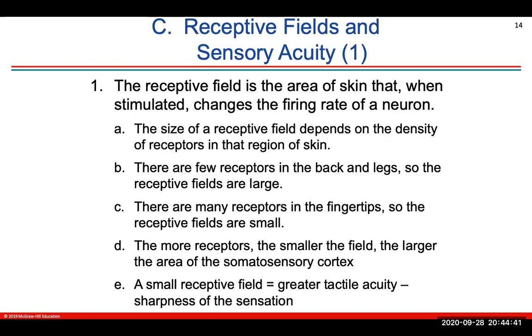There are many receptors in your fingertips, so they're very sensitive to touch, and the receptive fields there are very small. The more receptors there are, the smaller the field, like your fingers, and that gives them a larger area on the somatosensory cortex. A smaller receptive field is equal to greater tactile acuity or sharpness of sensation, like in your fingertips.